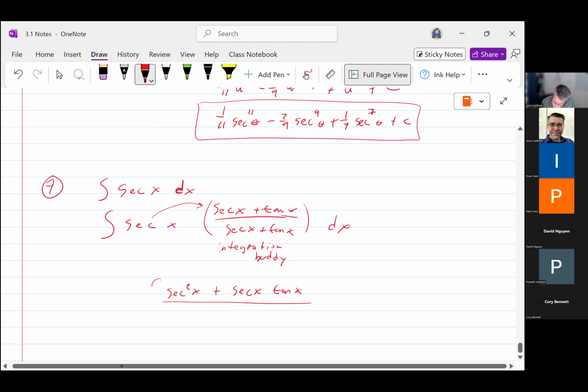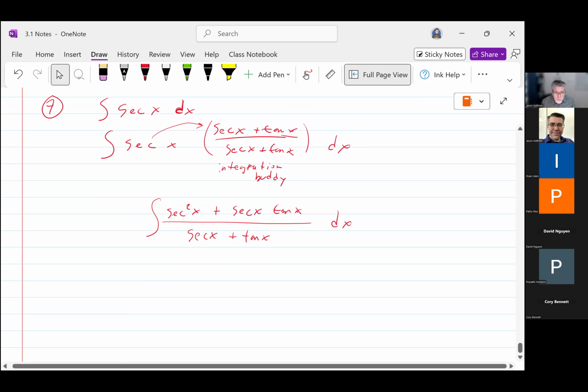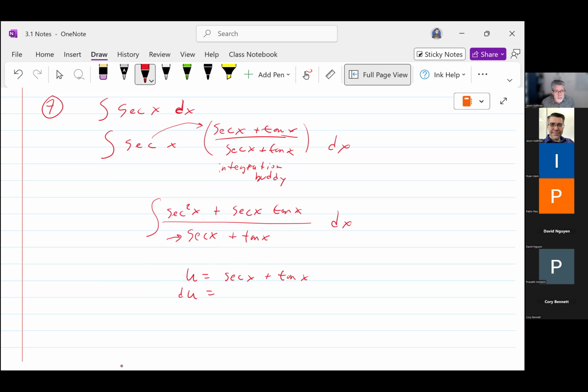It's like a miracle occurs. And then I get secant x plus tangent x on the bottom. What's amazing about this is the fact that the derivative of the bottom is the top. And so if I let u equal secant x plus tangent x, then du is actually the numerator after using my integration buddy here, which is just a miracle.